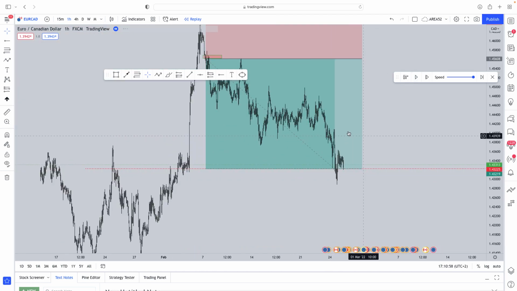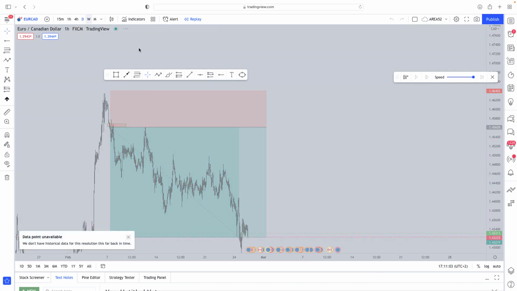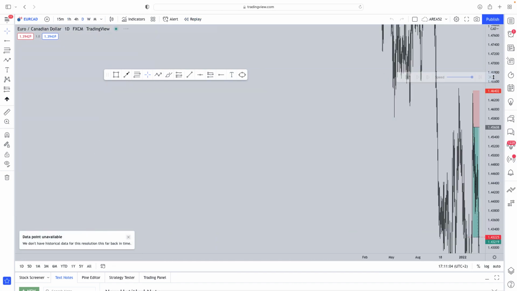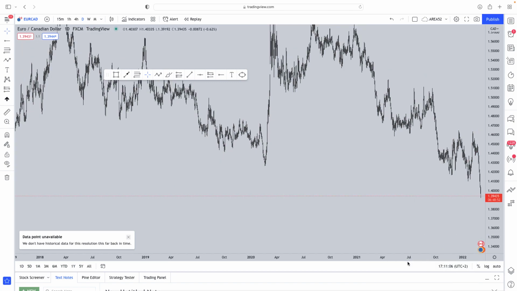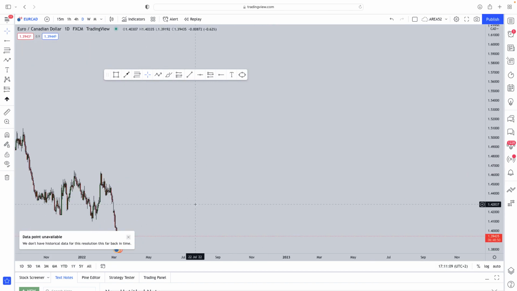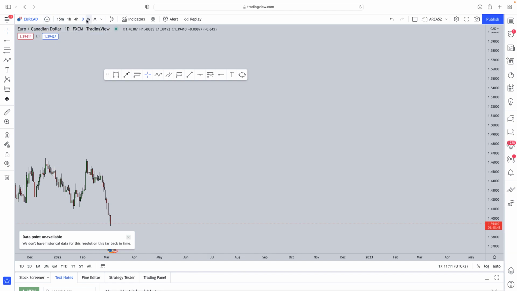So this took about a couple of days to play out. So the easiest way to understand this is if I draw it out for you guys very quickly, just to make sure that you understand the concept, right? The first thing you do is you drop down on the daily, and then you look for support and resistance levels in the market.